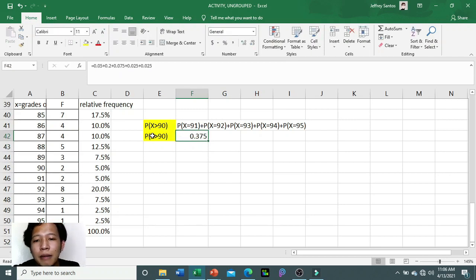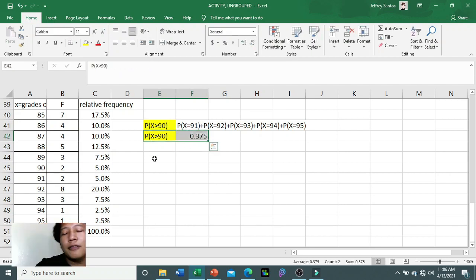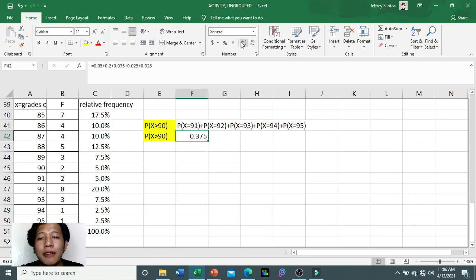Hence, the probability of getting students na merong grade na greater than 90 is 0.375, or in percent, that is 37.5%. So that's how we determine the probability of a certain random variable given your probability distribution.